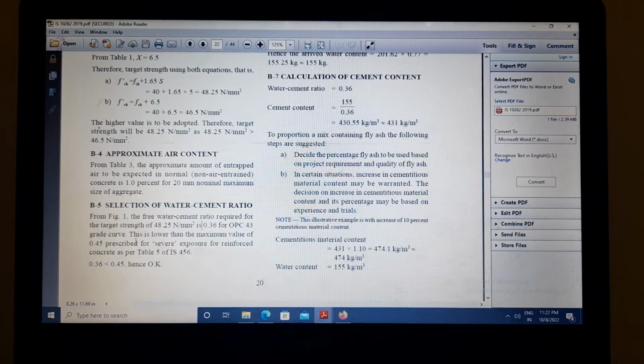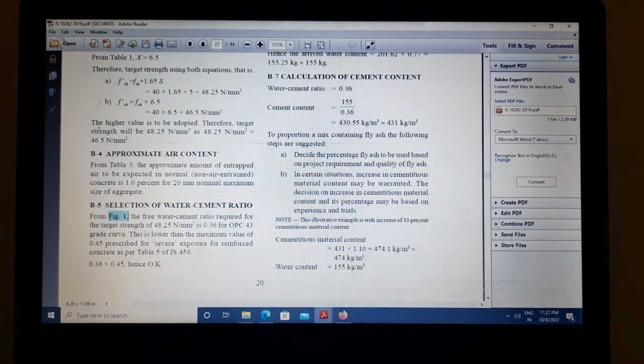As discussed earlier from table 5 of IS 456, the maximum preferred water cement ratio for severe condition is 0.45. The water cement ratio that we are going to use should be less than 0.45.